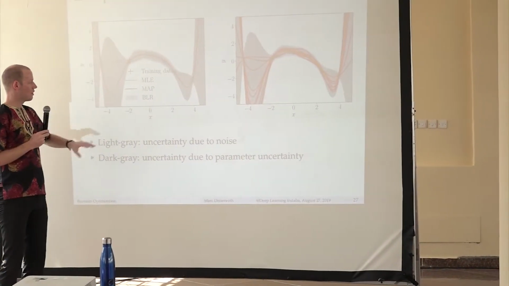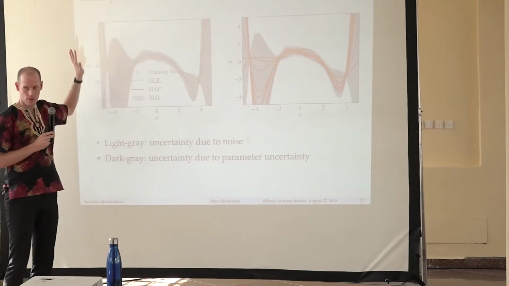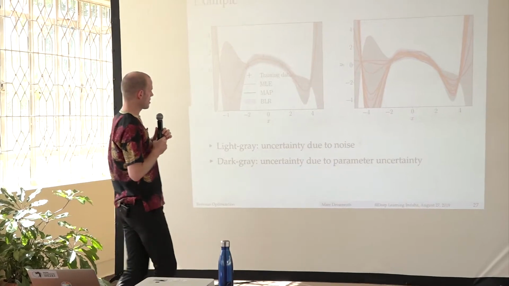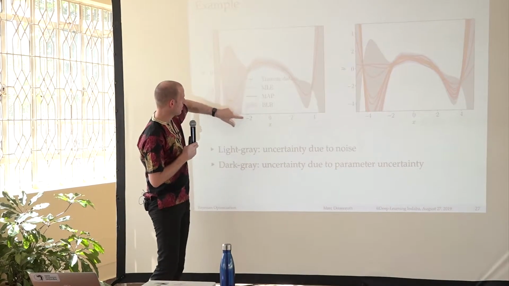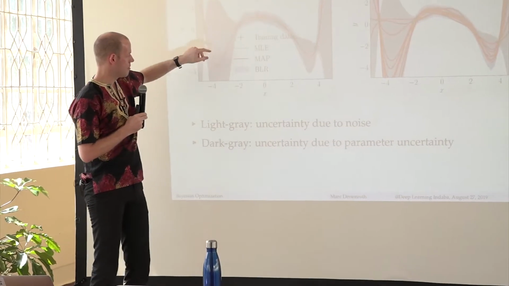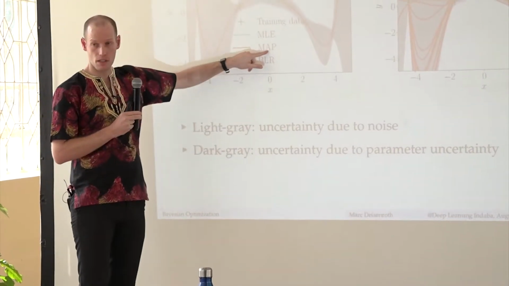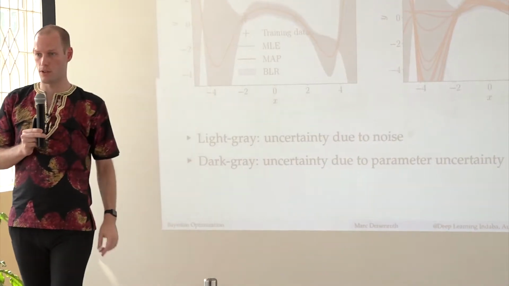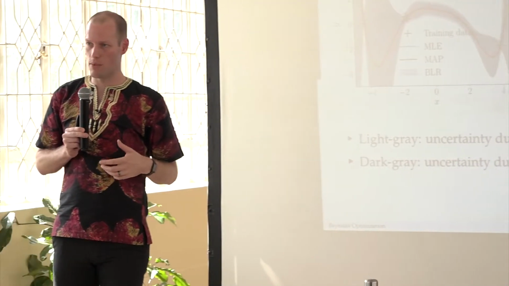And now Bayesian linear regression is all this gray shaded stuff. That's the predictive distribution. If you take a single slice out here, you would have a Gaussian distribution, and the mean would be identical to the MAP estimate. But then you also have a lot of uncertainty floating around, and most of the uncertainty comes from the posterior distribution over the parameters.